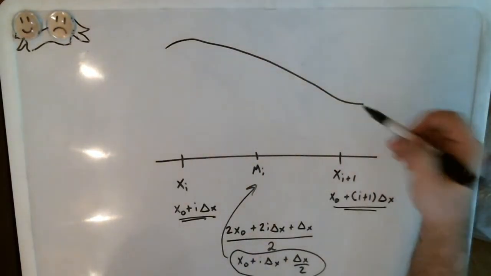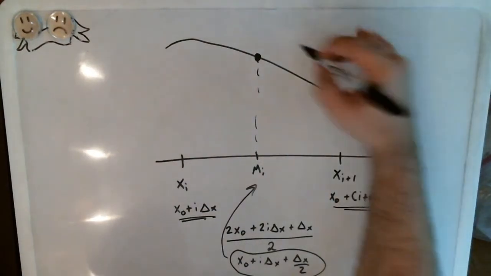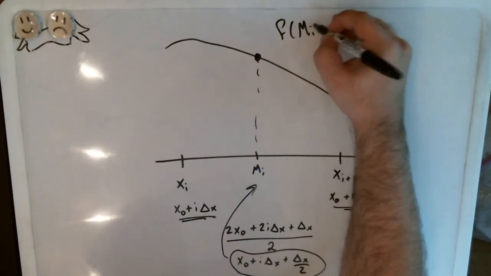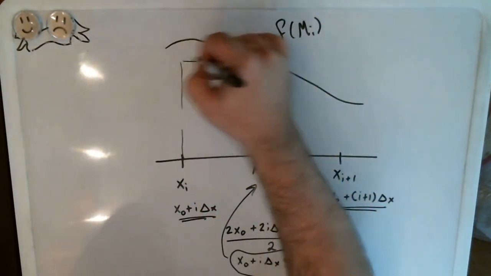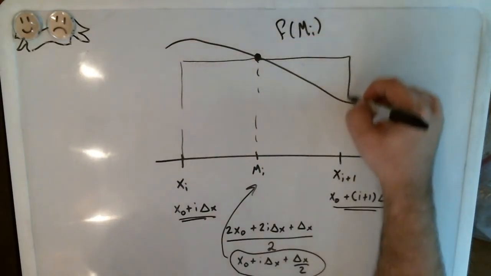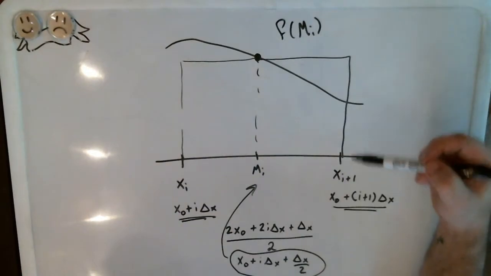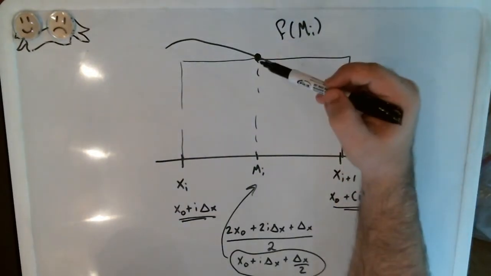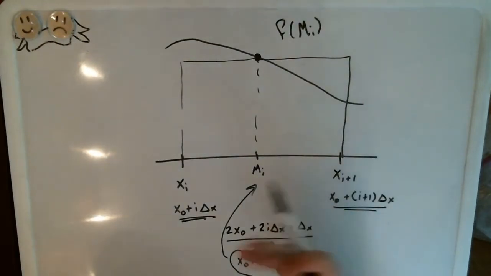Now, if I know the function across there, I also know the height of that rectangle, which is f of m_i. And so my rectangle for approximating the area becomes something like this. It's not using the left endpoint, and it's not using the right endpoint. It's using what's in the middle to determine the height of the rectangle. Kind of makes sense?